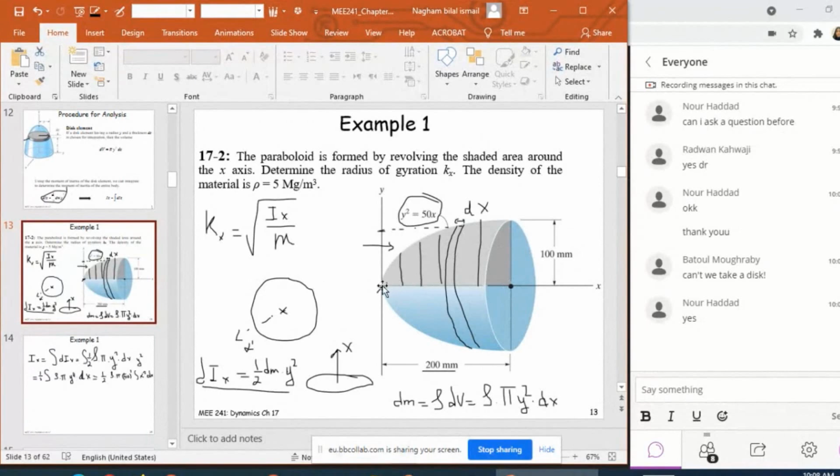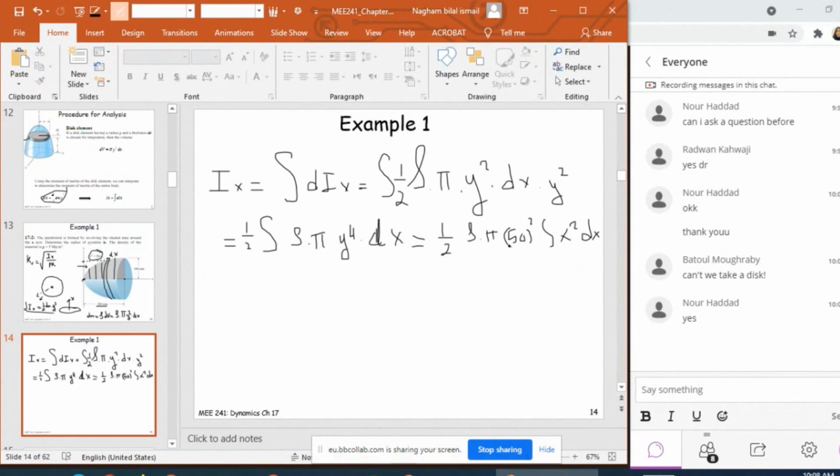Now here, since it starts from the origin, it is between 0 and 200, right? So what is the integration of x squared? It's x cubed over 3, and then the answer here will be half rho pi 50 squared times 200 cubed over 3.